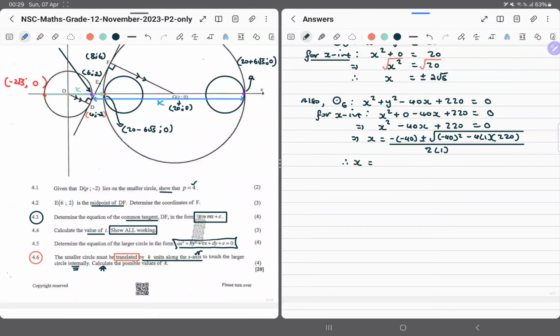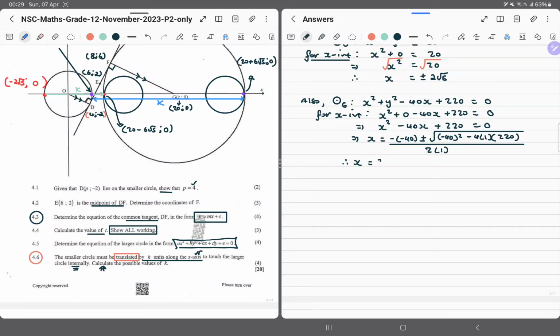Let's see, what do we get on our calculator? Minus into minus 40 plus the square root of minus 40 squared minus 4 into 1 into 220, divided by 2.